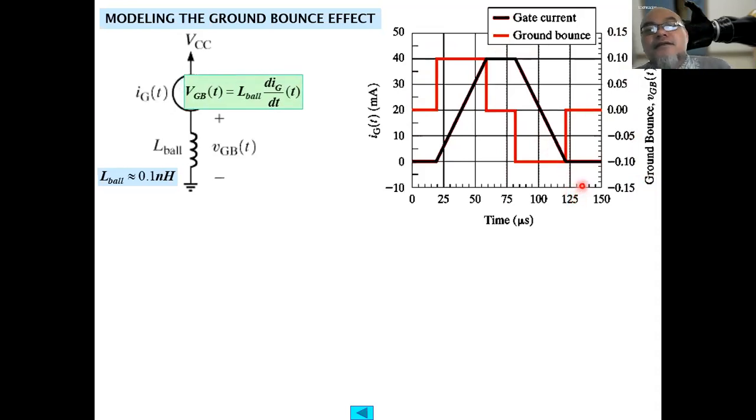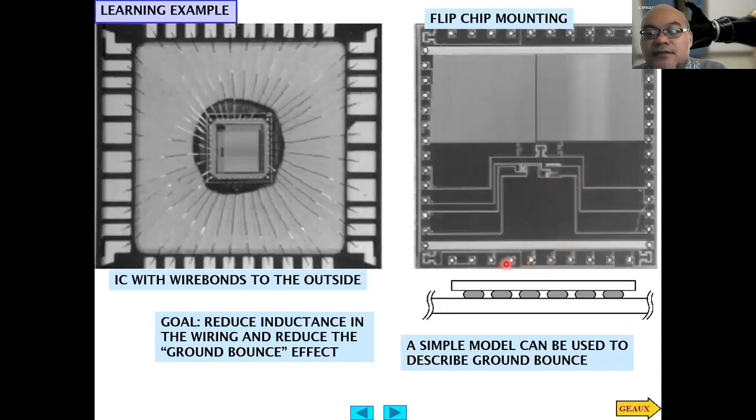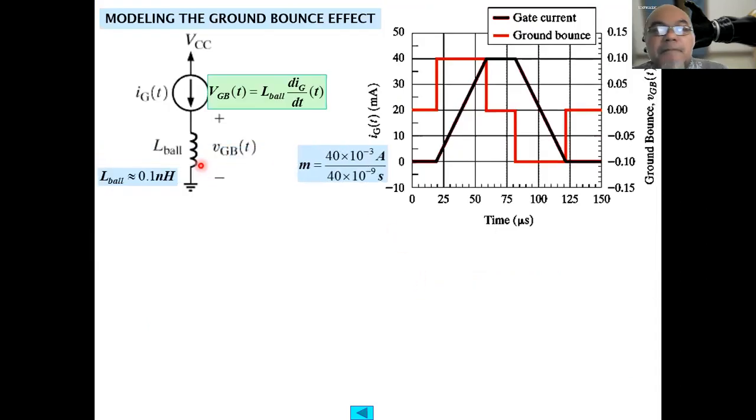So here the connection is from the inductance law, V equals L di/dt. The voltage V_GB here across the ball itself, this one in the solder ball of the flip chip mounting, is from the inductance of the ball times the derivative of the change of the current in that ball to the ground, the current flowing through the ground ball.